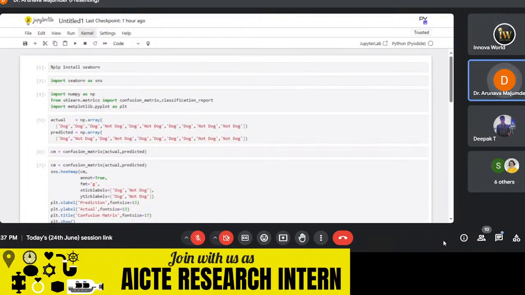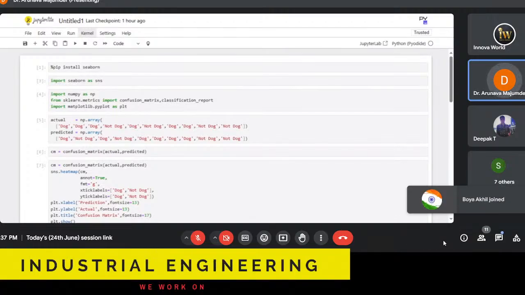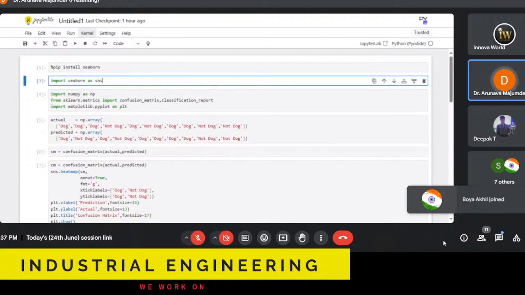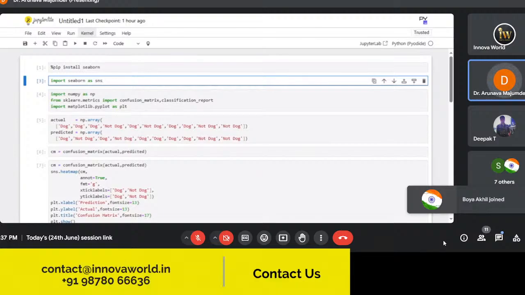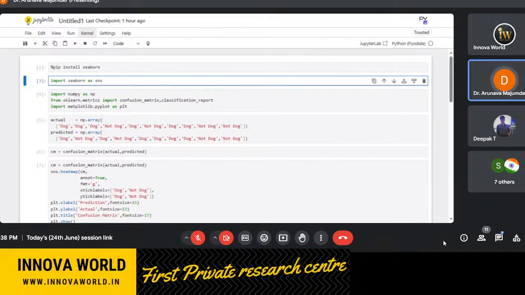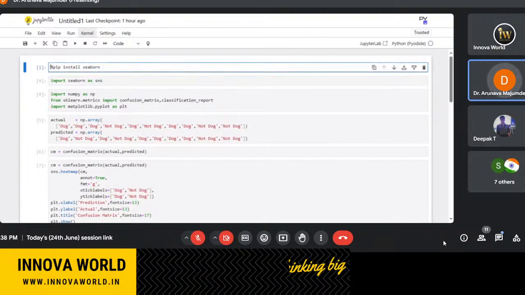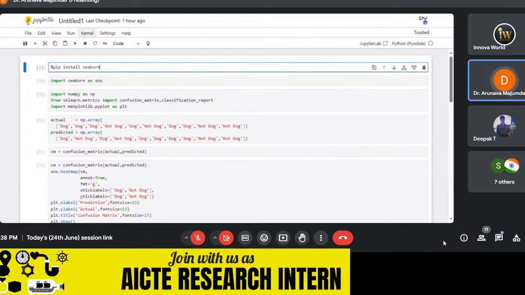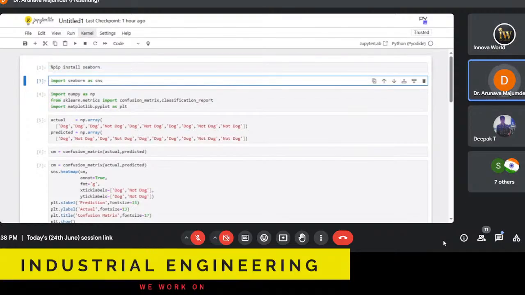First of all, Seaborn is not installed in Jupyter Notebook. I don't know if you are using Anaconda. In Anaconda, I think you should not use pip; something else is used. But in Jupyter Notebook, you have to use %pip install seaborn so that Seaborn can be installed here in Python.